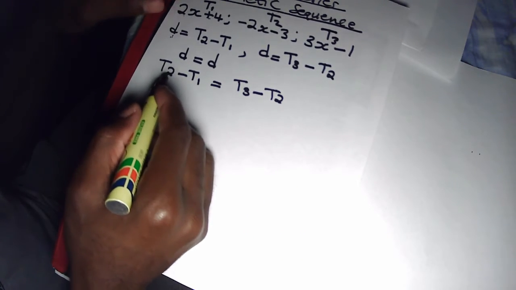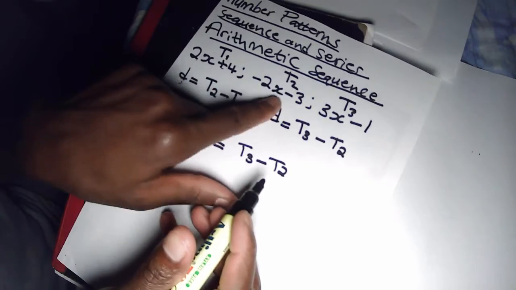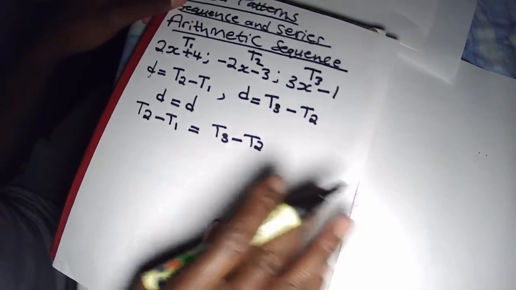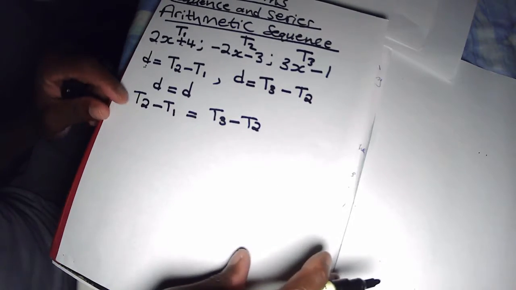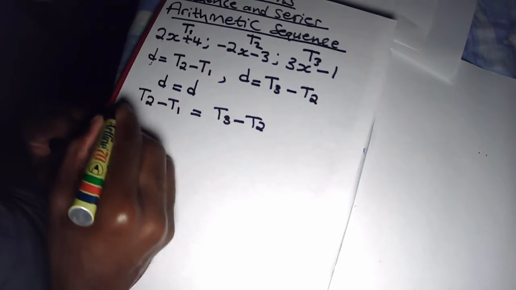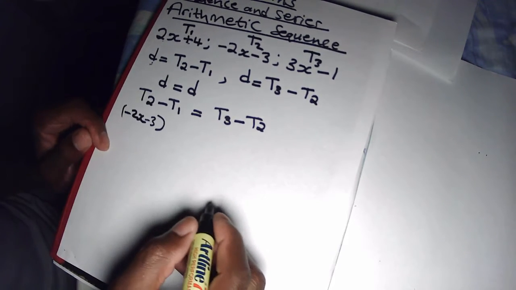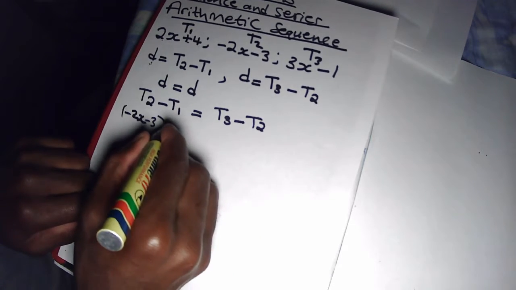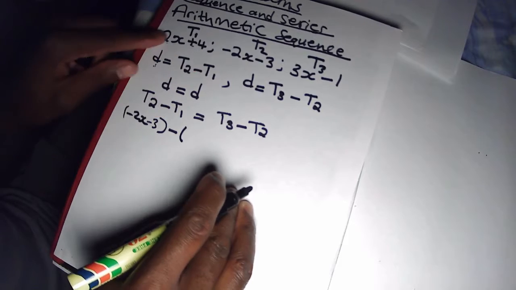So what is t2? T2 is here. As you can see, this is t2. We are going to use parentheses, round brackets, in order to avoid making mistakes. T2 is negative 2x minus 3, in the bracket. So I'm going to subtract t1, using a bracket as well. What is t1?